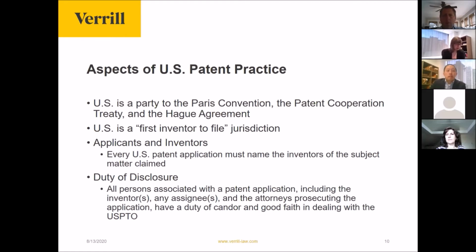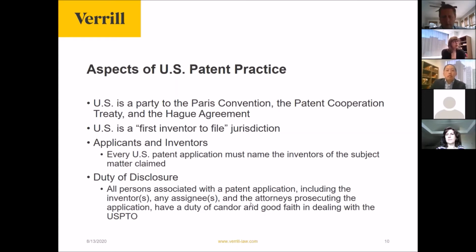Prior art includes things like published patent applications and patents, published publications, offers for sale, anything that makes the invention publicly accessible. Think of that as being prior art.